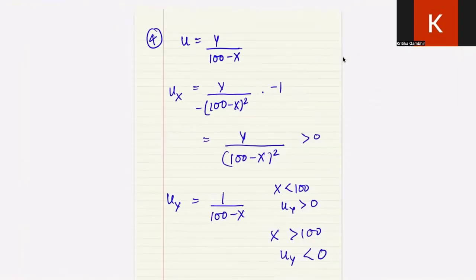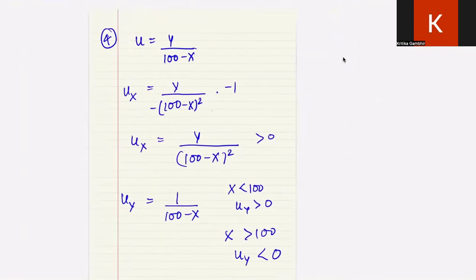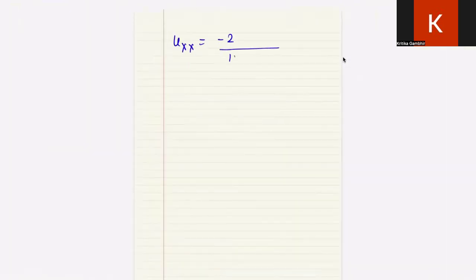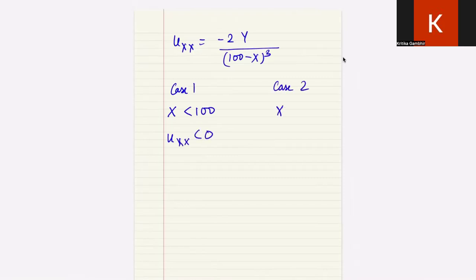So let's move forward. uxx. Let's differentiate ux with respect to x. Now again, there are going to be cases. Case number 1, अगर तुम्हारा जो x है उसकी वैल्यू less than 100 है, then uxx is negative. Case 2, अगर तुम्हारा x की वैल्यू greater than 100 है, so then uxx becomes positive. माइनस और नीचे वाला माइनस कैंसिल हो जाएगा and these are the cases.